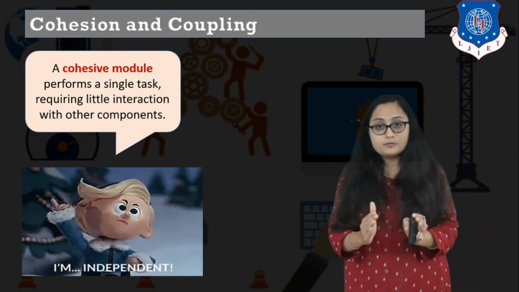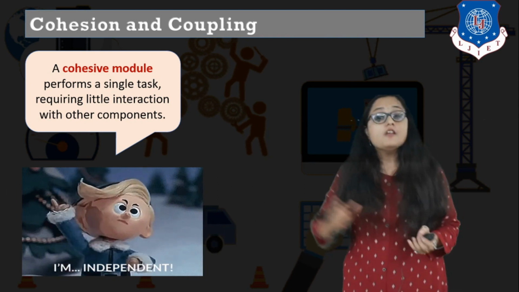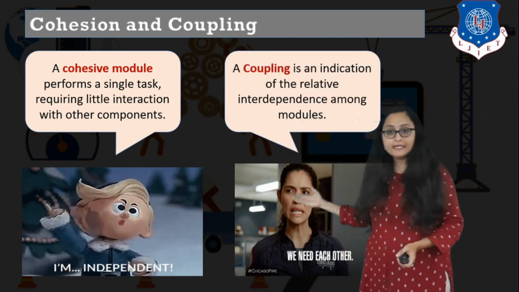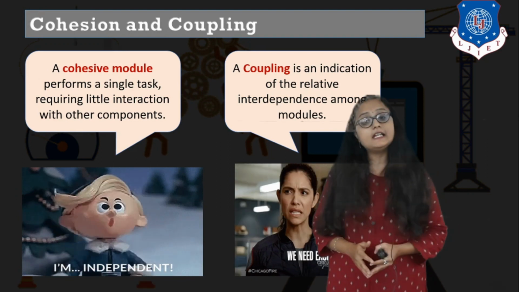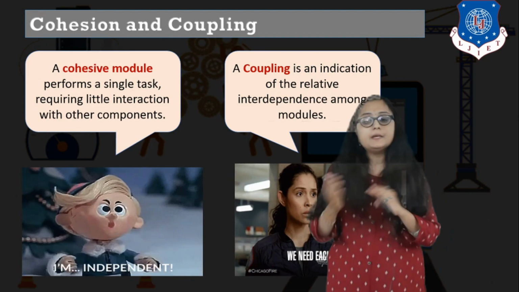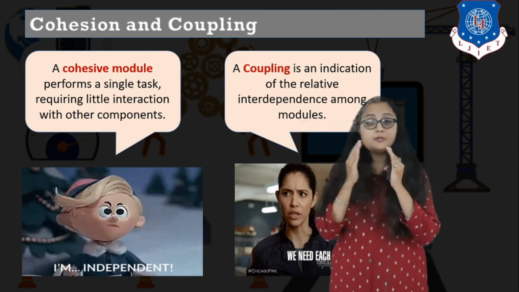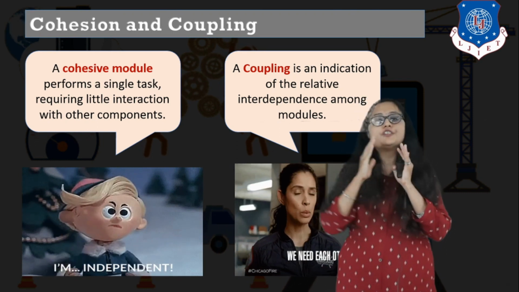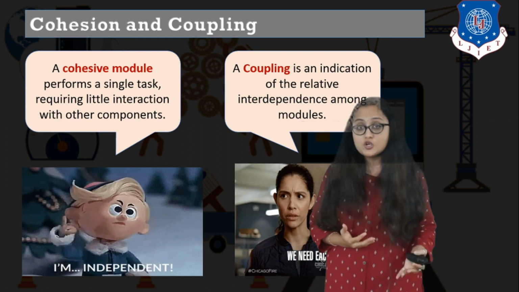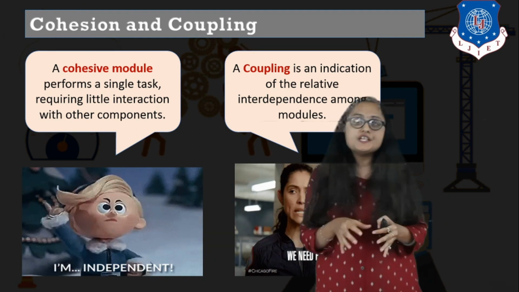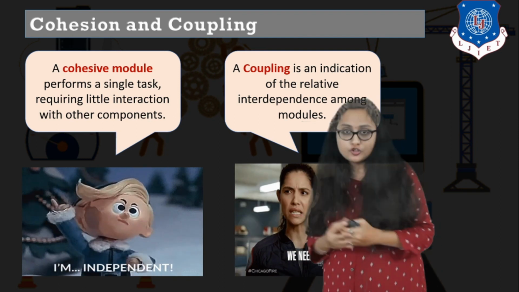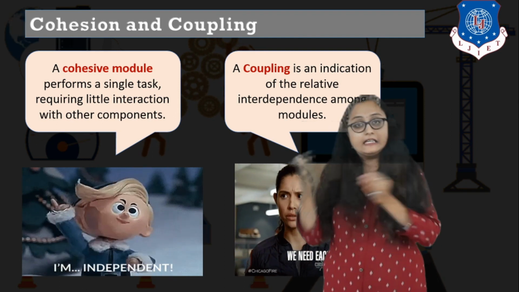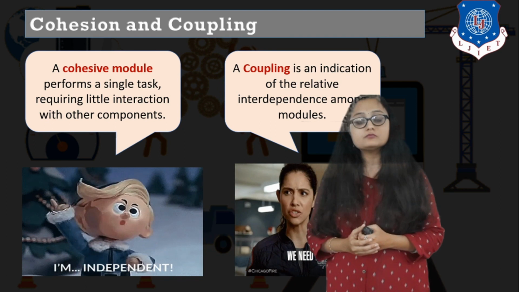That module should be working independently. Whereas coupling is basically an indication of the relative interdependence among the modules. It means although you have different modules, there is a possibility that the data is passed from one module to another module. It means one module is dependent on another module. So that interdependency is known as coupling.